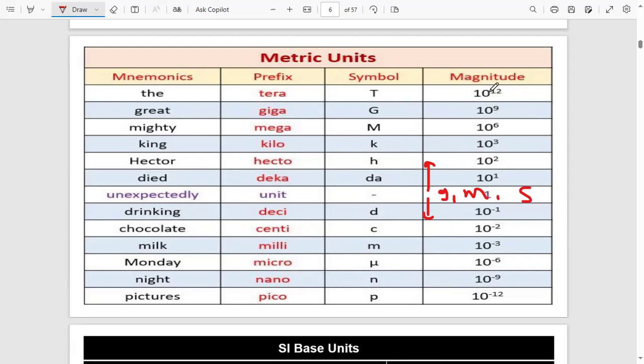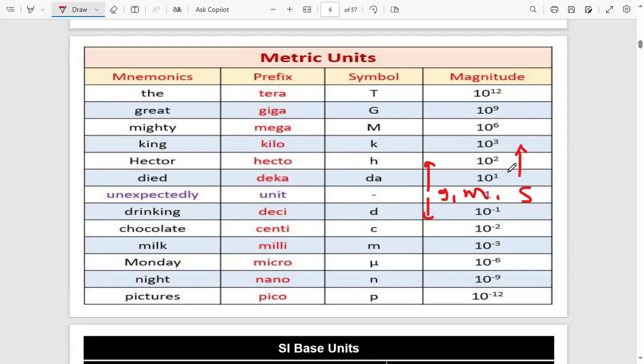If the power is positive, we said it's multiples. The power is negative, we said it's what? Sub-multiples. So I can convert this gram to sub-multiples, and I can also convert it to the multiples. It's the same for the meter: I can convert it to sub-multiples and to the multiples on top. The second, I can also convert to the sub-multiples and to the multiples on top.